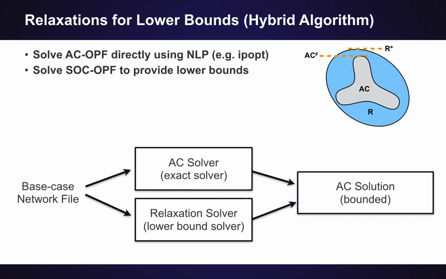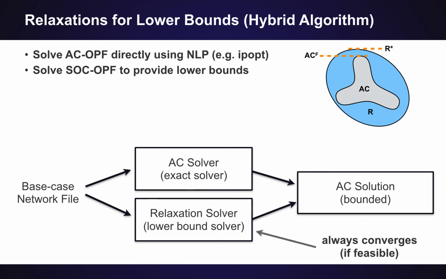You use some kind of heuristic, like an AC optimal power flow problem using a nonlinear programming solver, to find a feasible solution to your problem of interest. And then you use a relaxation to provide a lower bound. So you have your base case network, you solve it in two different solvers, and then you combine the results afterwards to say you have an AC feasible solution and it has a bounded objective quality.